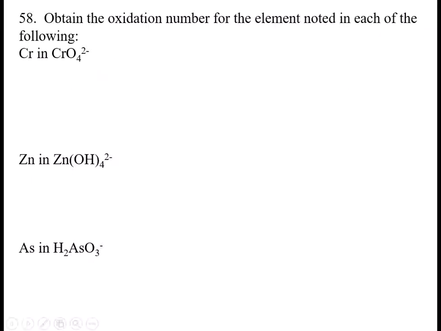So it's basically the same process. They want to know chromium in chromate, CrO4 2-. I write down chromium plus the fact I have 4 oxygens. Again, I'm using OX for oxygen because I don't want it to look like a 0. But this time it's equal to this -2.